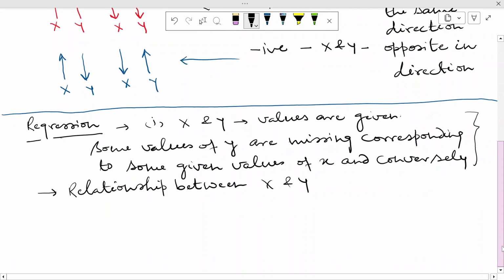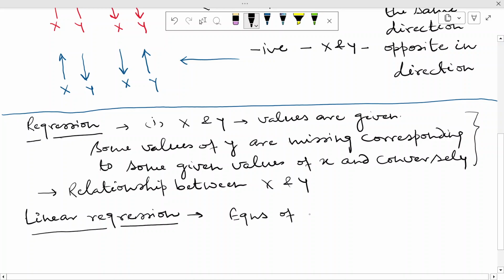In case of linear regression, which is the topic of this video, we intend to derive a linear relationship between x and y, means you will have to obtain equations of lines connecting the variables x and y.